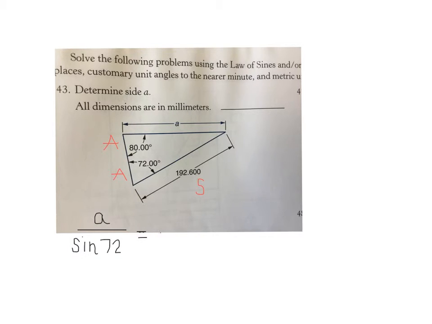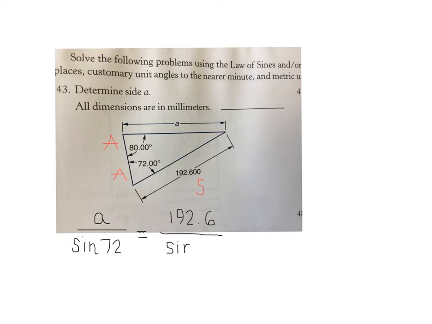Then I have to set that equal to another ratio, and the other ratio has to include both a side and an opposite angle whose measures are both known. Well, in this case, that's the 192.6 side, and the angle opposite it is the 80-degree angle.